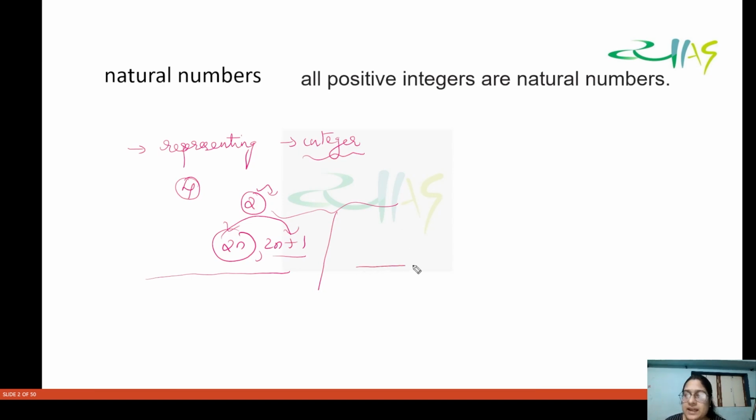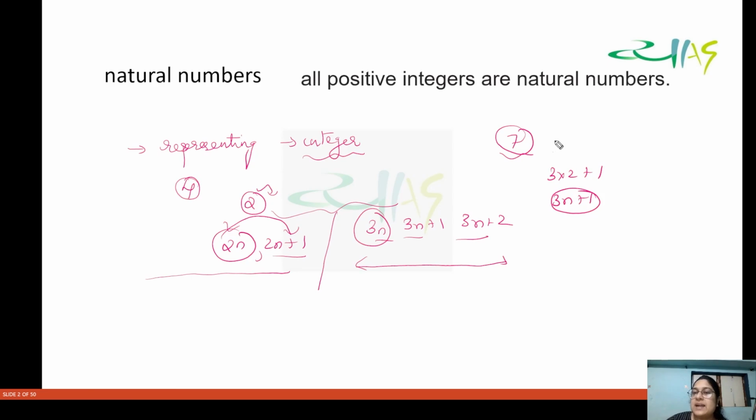And similarly, any number on the number line can be represented in the form of 3n, 3n plus 1 and 3n plus 2. I also explained the meaning of this term. For example, let's take any number, let's say 7. So basically 7 is 3 into 2 plus 1, that is, it is in the form of 3n plus 1.